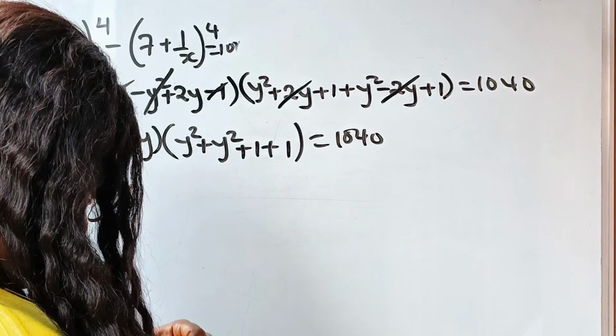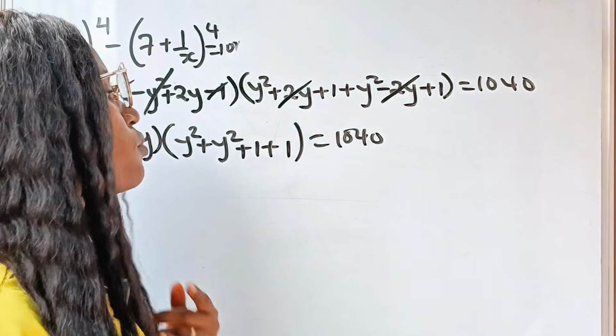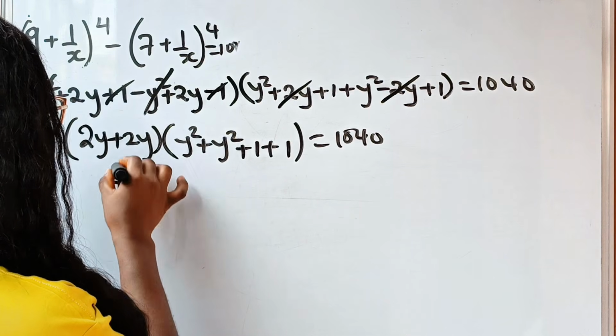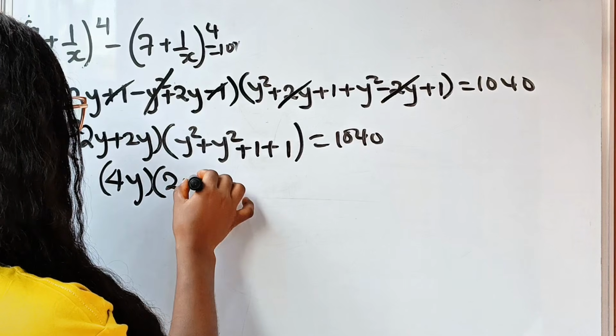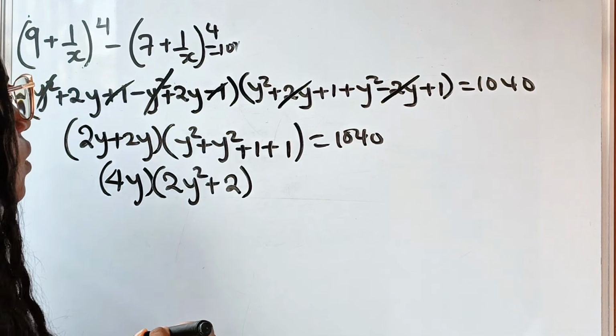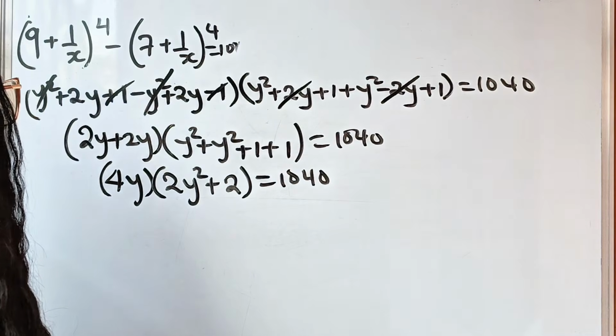Sorry, I want to be sure this is still on. Okay, still on. All right. So 2y plus 2y is 4y. Y squared plus y squared is 2y squared. Plus 1 plus 1 is 2, is equal to 1040.